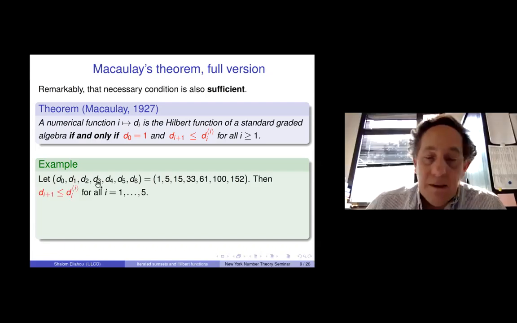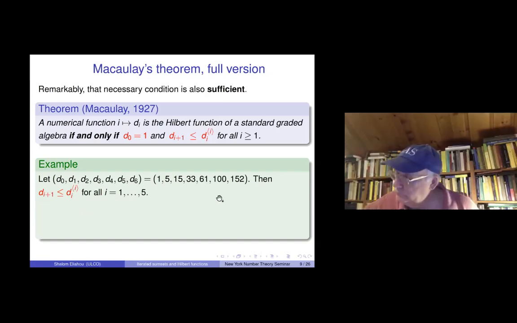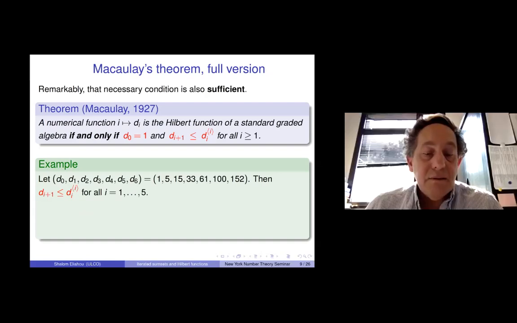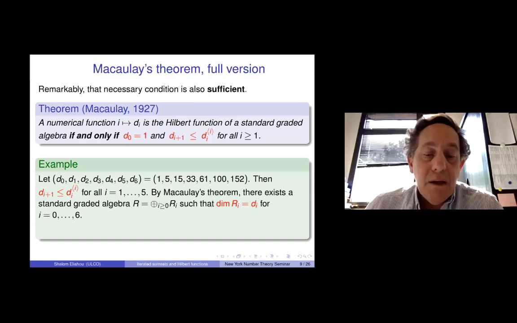Then you can check that these conditions are satisfied for all i from 1 to 5. Hence, by the sufficiency of this condition in Macaulay's full theorem, there must exist some standard graded algebra such that at least for these 7 values, this holds.